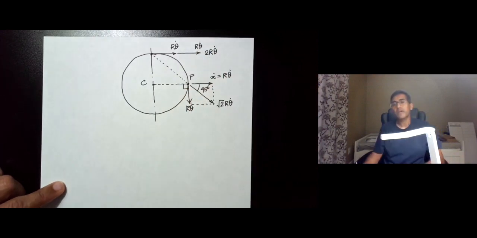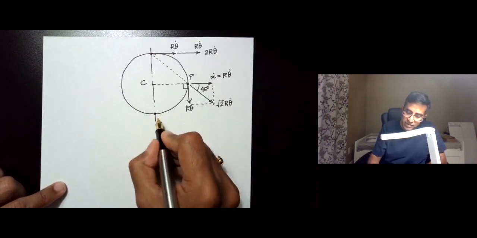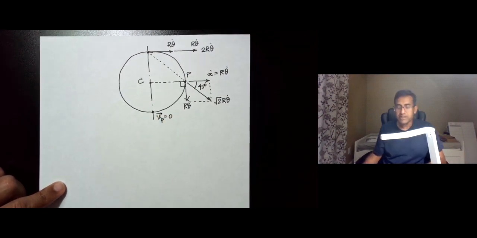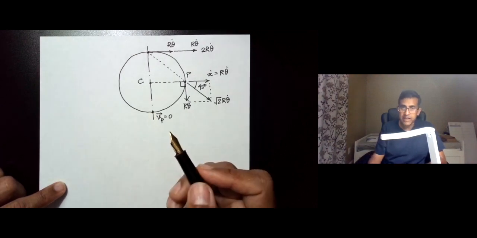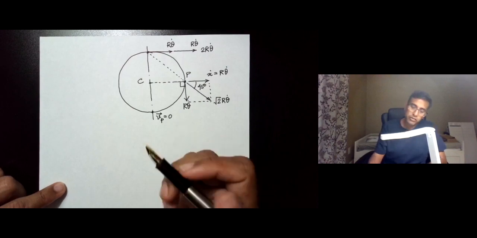At the top the velocity is 2r theta dot. Here the velocity is 0, Vp is equal to 0. So often when we study rolling without slipping of a wheel, this point is considered as the instantaneous center.